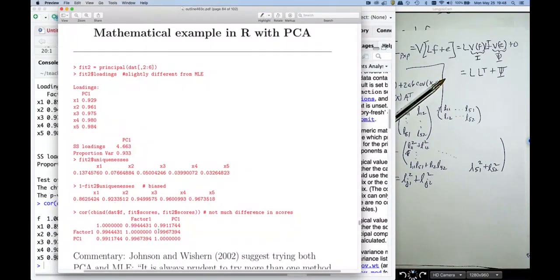I've also correlated the scores that I get from factor analysis and PCA, and the correlation of them is 0.9967. So even though the estimates of the uniquenesses and the commonalities are not right, the factor scores are practically identical, at least for this example. And I'm sure there are examples in the literature where the differences are greater.